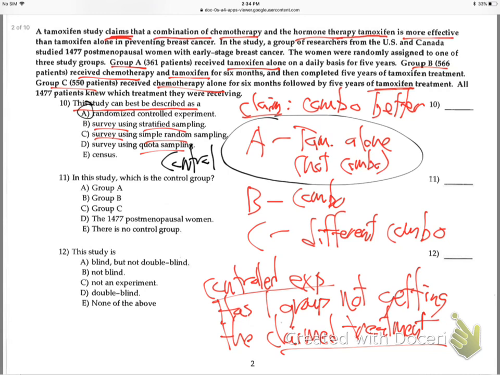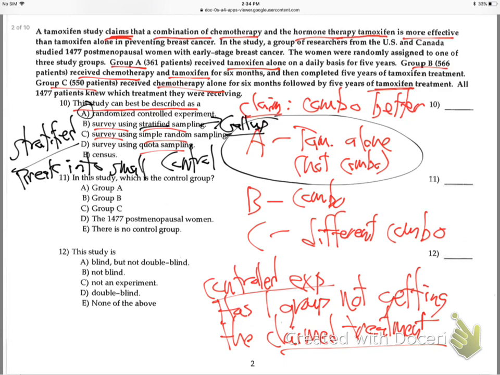Stratified sampling is what Gallup did. When I said he made the United States, he made his 5,000 survey a little United States, same number of black, white, rich, poor, city, country, old, young, all that. That's what it means to do stratified. Maybe I should write that. So stratified means to break into small groups, like the whole population.